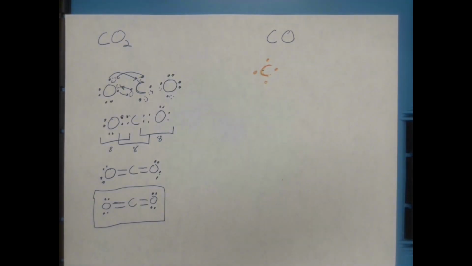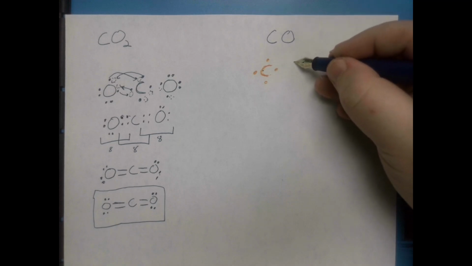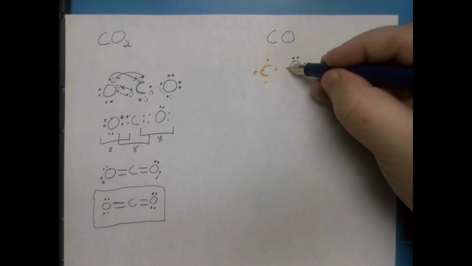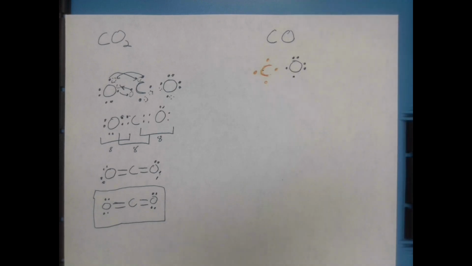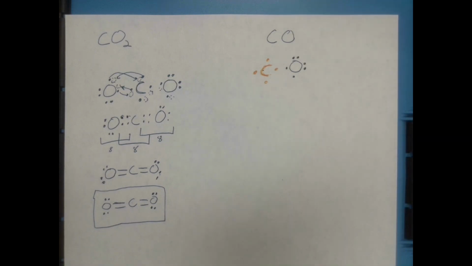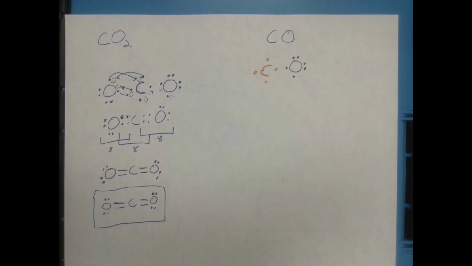Alright, so we got carbon. And we got oxygen. Oxygen only needs 2 electrons to complete its octet rule. So I'm going to go ahead and share those 2 electrons.